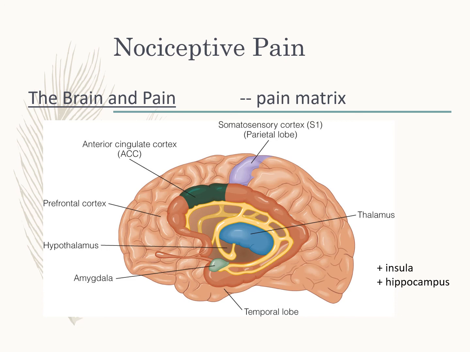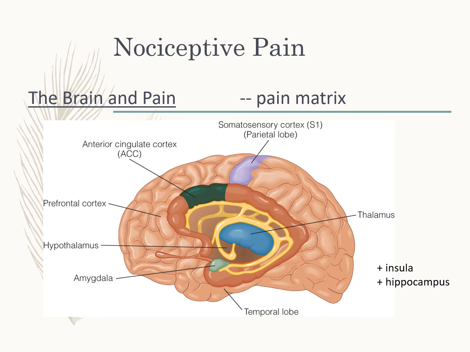Information gets sent to the hypothalamus, so my fight or flight kind of responses and my basic homeostasis. It gets sent to the amygdala, so my classical conditioning and my reaction to fear and anger and other emotions. And it gets sent to the hippocampus, where I am laying down new explicit memories.